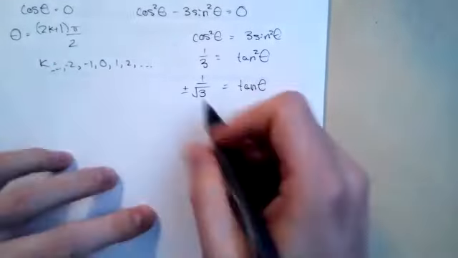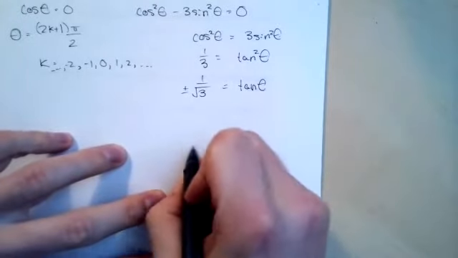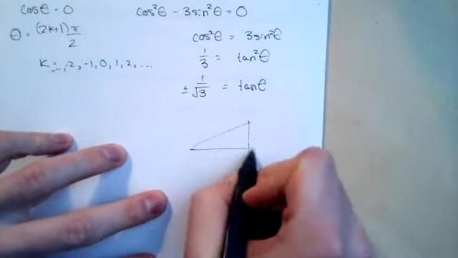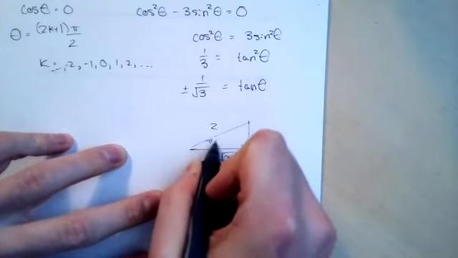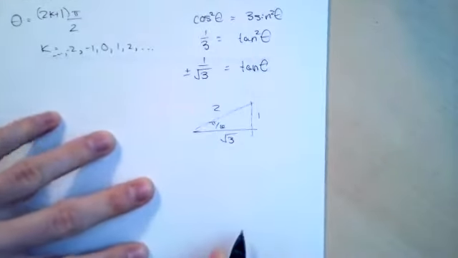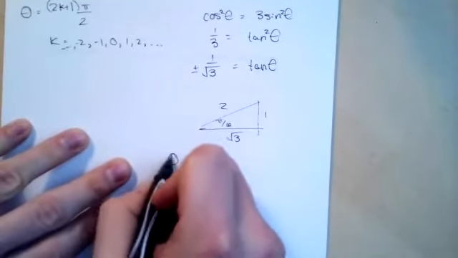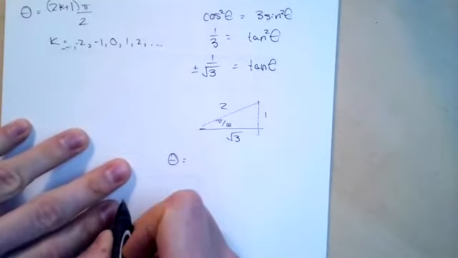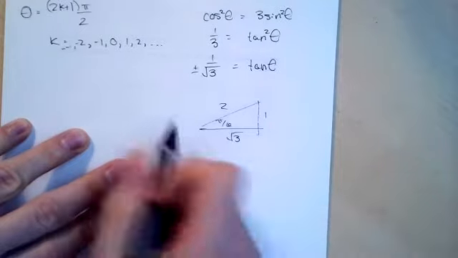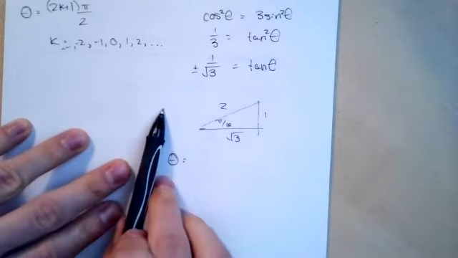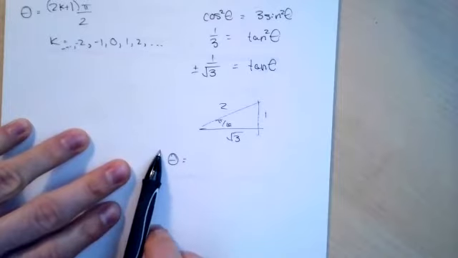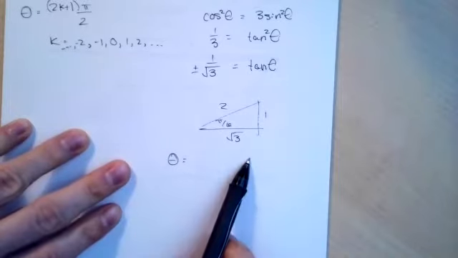So for that, you got to remember your unit circle. Of course, we've got that square root of 3. So our reference angle is going to be pi over 6. So for this guy, our theta is going to be every multiple of pi over 6. Since we don't care whether it's positive or negative, we need the first quadrant, second quadrant, third quadrant, tangent's going to be positive again, fourth quadrant, back to negative.